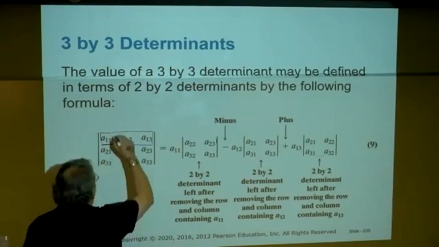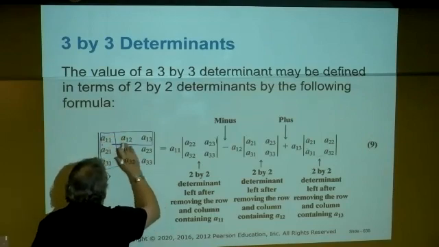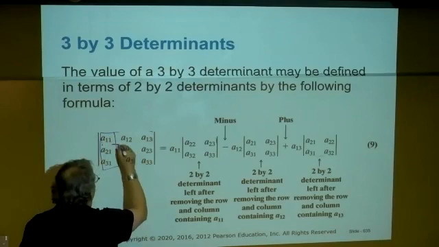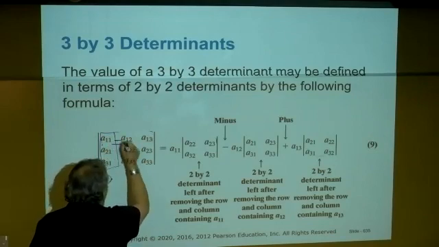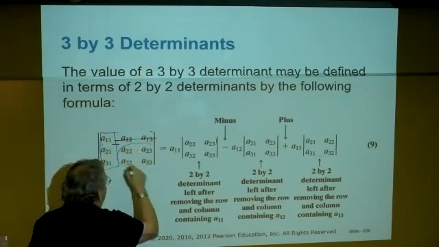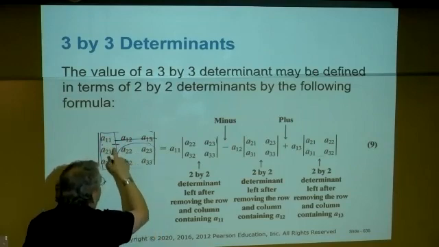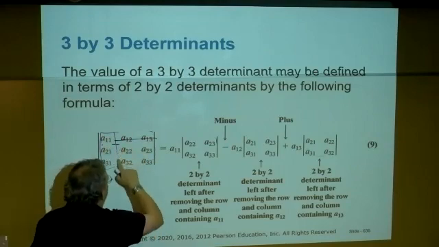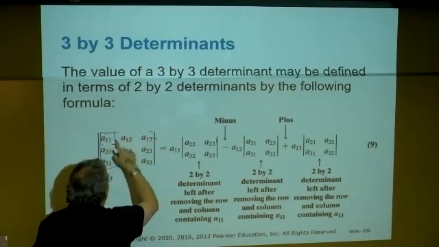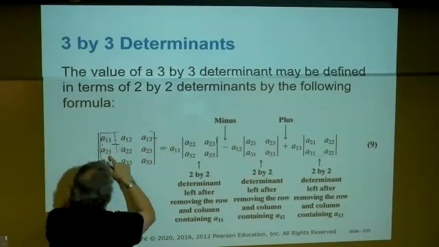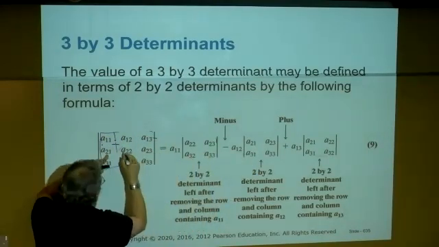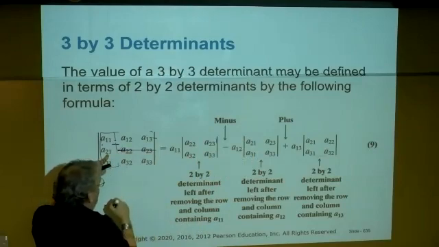I could have done the first column, and then I'd ignore the first column, then I ignore this row, and then this would be the minor for this. It's still the same minor because it's the same entry. And then this would be my second one, and so I would ignore this row.